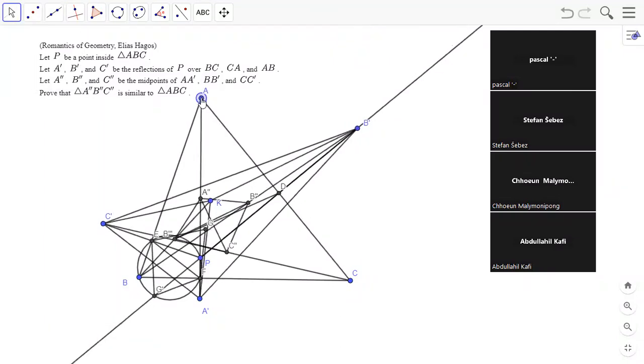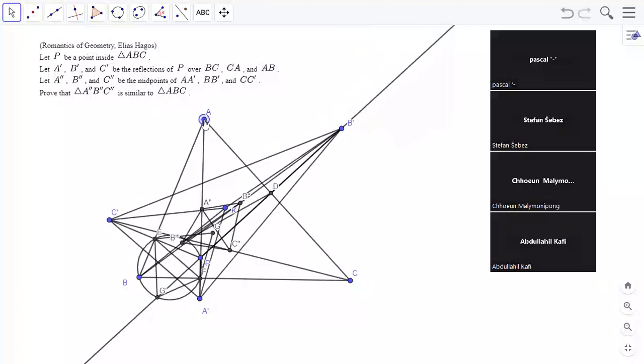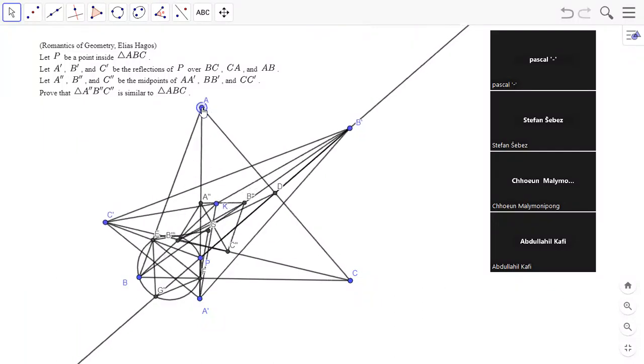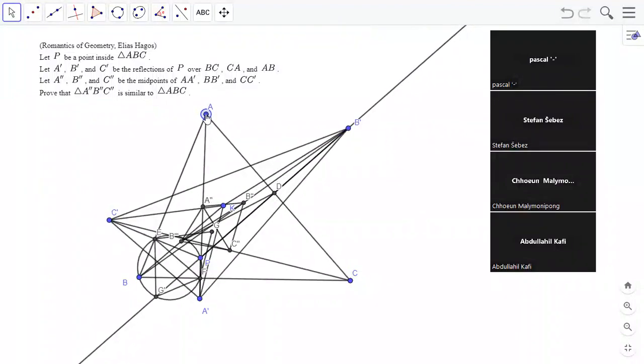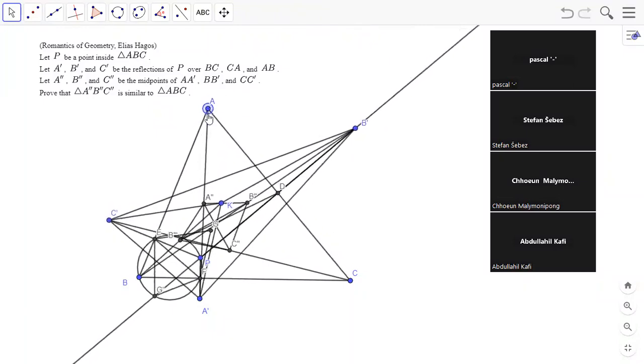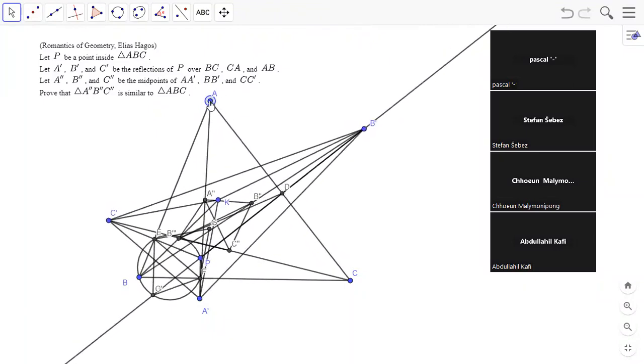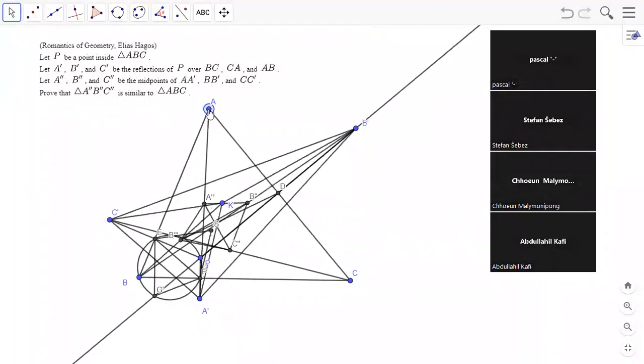So maybe this will help solve it. So what's G? G is the midpoint of PK. Oh, okay. I think if we could prove this stuff, then that might help solve it.